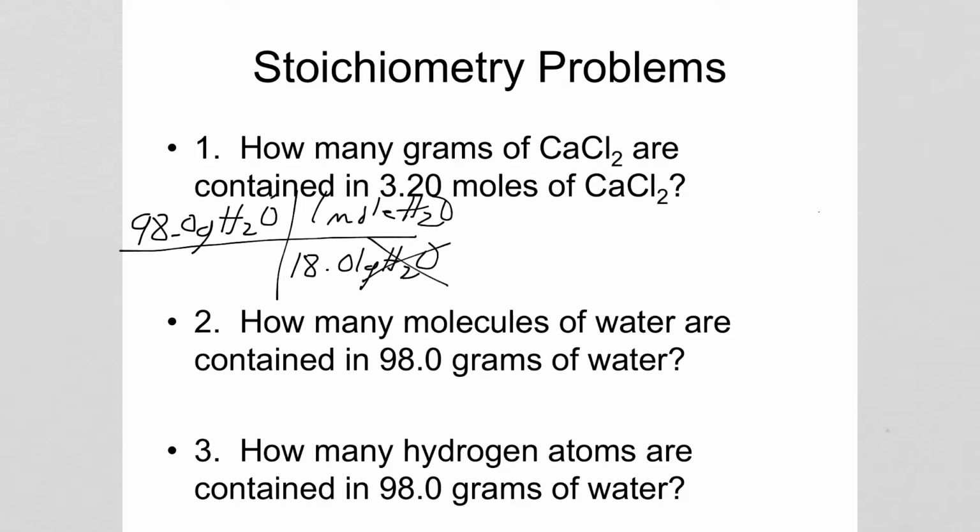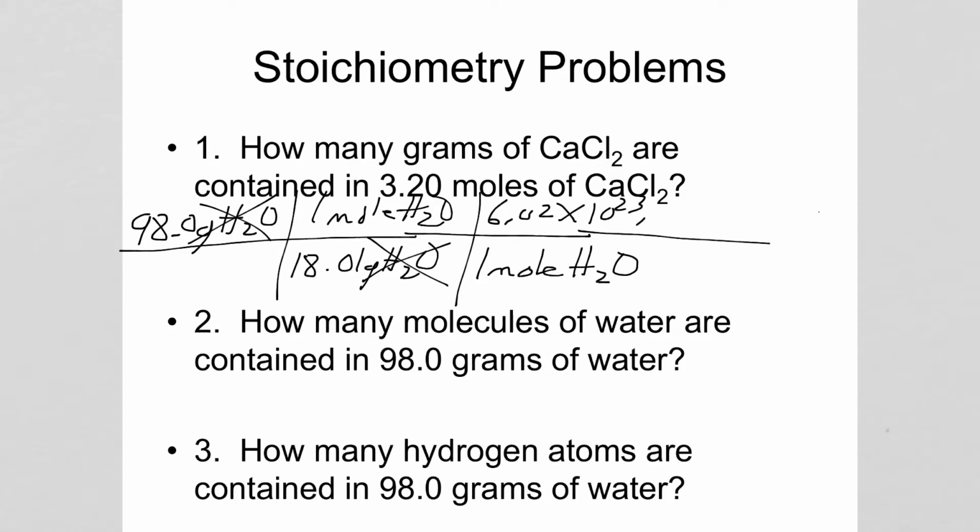Notice we put the grams on the bottom so that grams will cancel out. But we're not trying to find moles in this case. We're trying to find how many molecules of water. What we need to know here is that 1 mole of any substance is equal to Avogadro's number, 6.02 times 10 to the 23rd particles of that substance. And in this case, the kind of particle we're looking for are molecules of water.